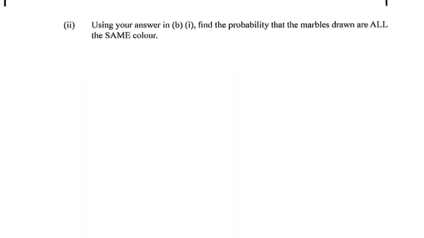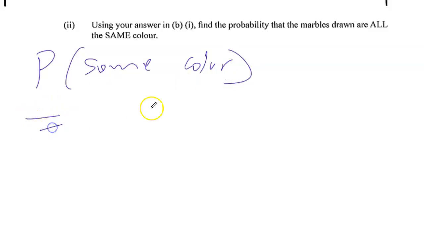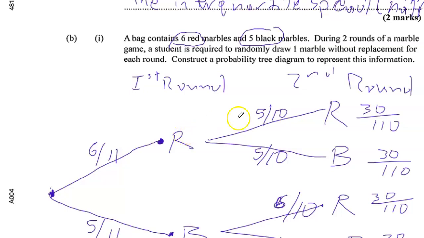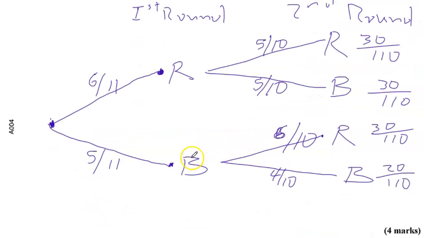Use your answer in part B1 to find the probability that the marbles drawn are all the same color. So the probability that all the marbles are the same color would have to be the situation where both of them are black or both of them are red. So let's look at the situation. For them to be the same color, both of them have to be red. So red, that's 30 over 110. And black, that's 20 over 110.